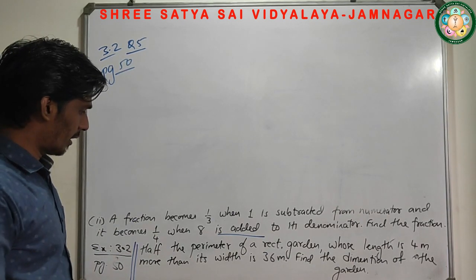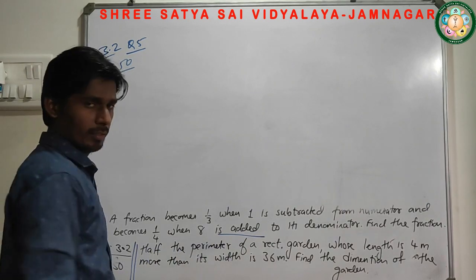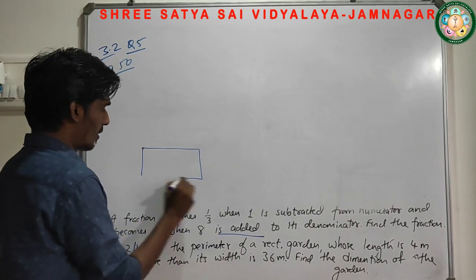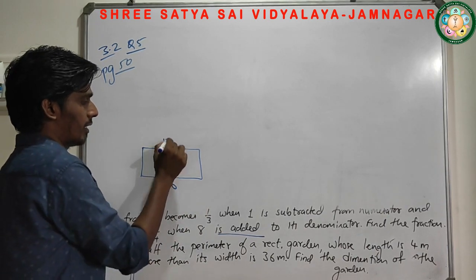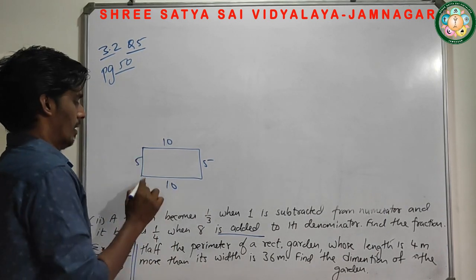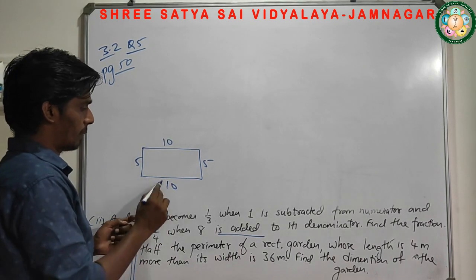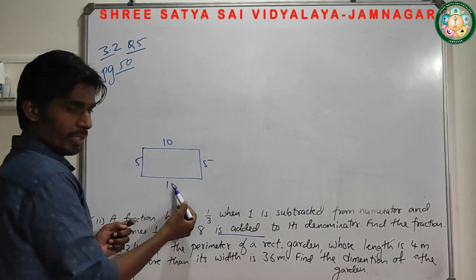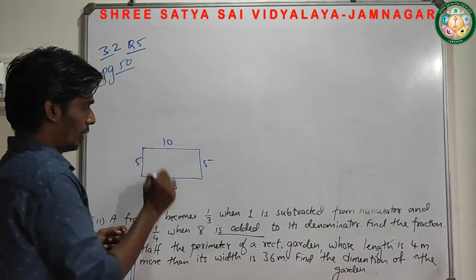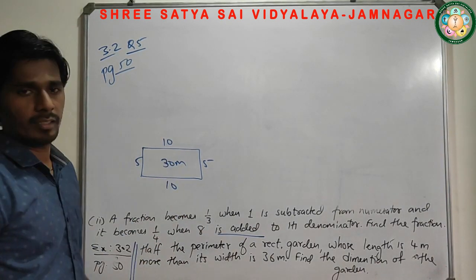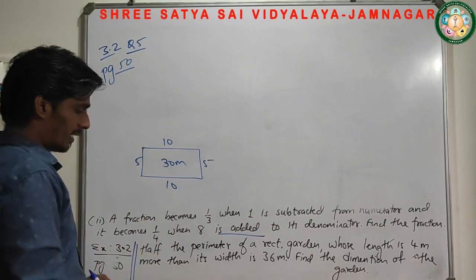Let's start with the question itself. Half the perimeter. Half the perimeter means what? Take a rectangle, say this side is 10, this is 10, and these are 5 and 5. The length of its boundary is the perimeter. So as per this example, its perimeter is 10 plus 10 is 20, 5 plus 5 is 10, so 20 plus 10 is 30 meters. So this is the perimeter.